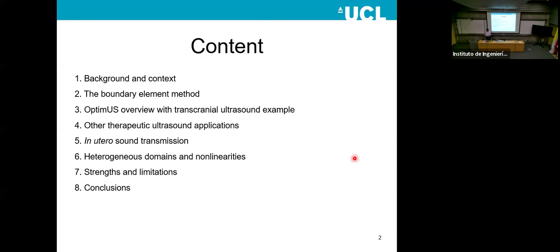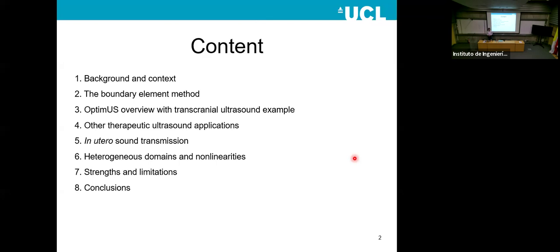And I'm going to also look at the scenario of in utero sound propagation, sound transmission into the maternal abdomen. So here, we're not talking about ultrasound frequencies. We're talking about frequencies that you and I can hear, and the idea is to try to see what the fetus experiences in terms of transmission of external environmental noise.